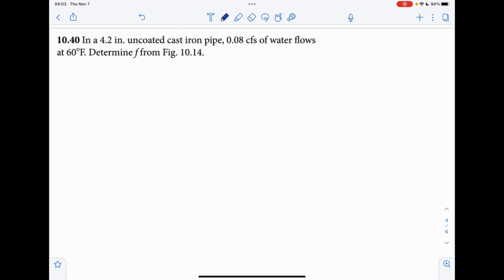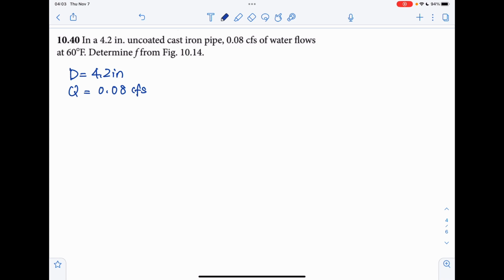We're going to determine the friction factor using figure 10.14. So the diameter is 4.2 inch, and the Q is 0.08 cubic feet per second.